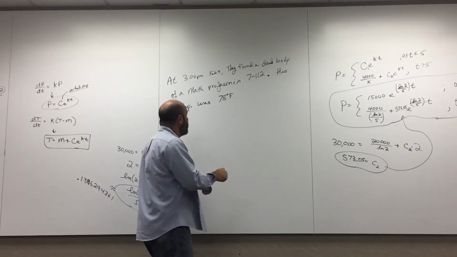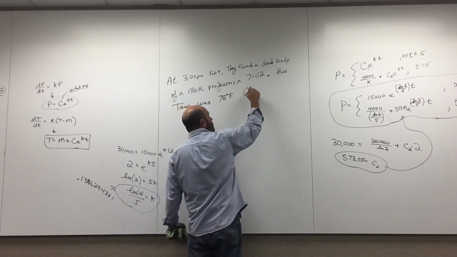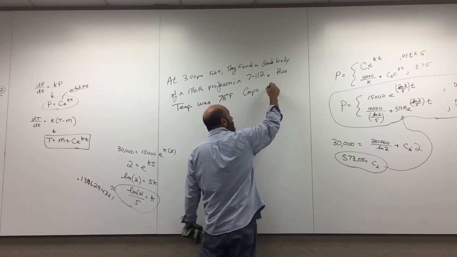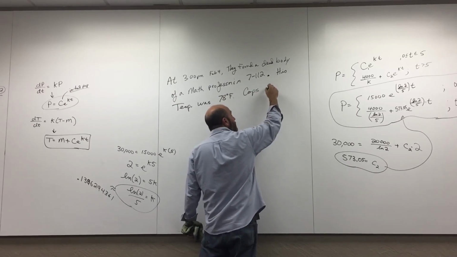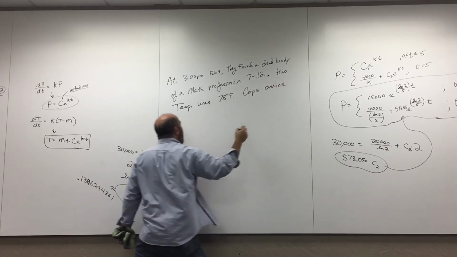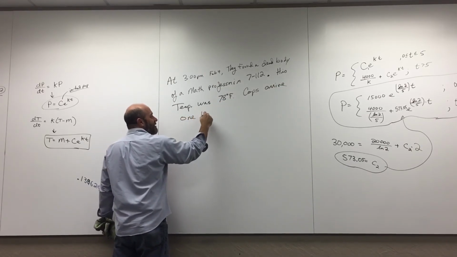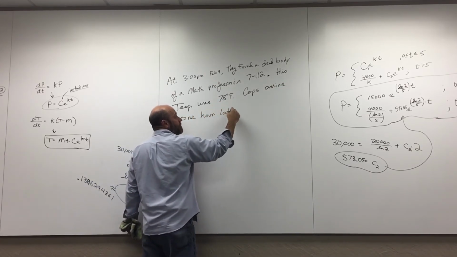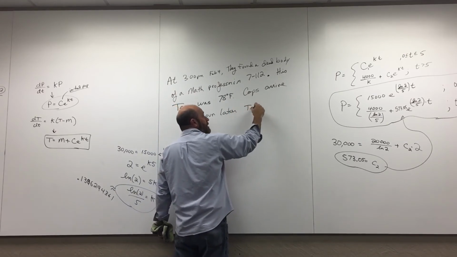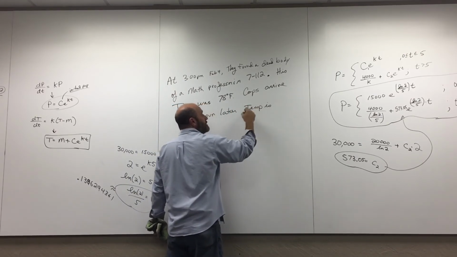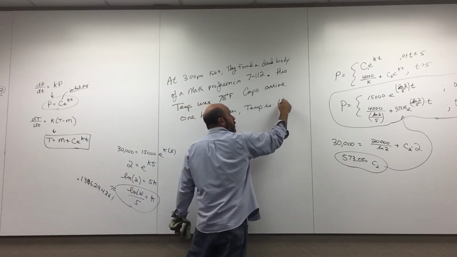The cops got there an hour later. Cops were busy. Cops arrive 1 hour later, and they take his temperature. And the temperature now is 64 degrees Fahrenheit.